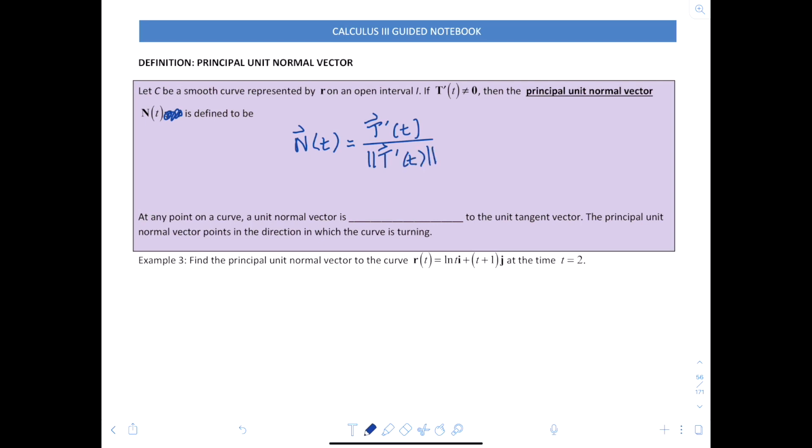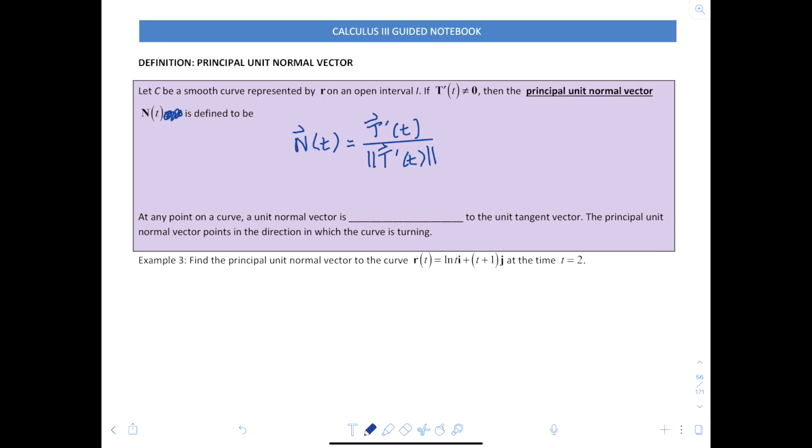And remember in the last section, 12.3, we were looking at how the acceleration vector was always perpendicular to the velocity vector.